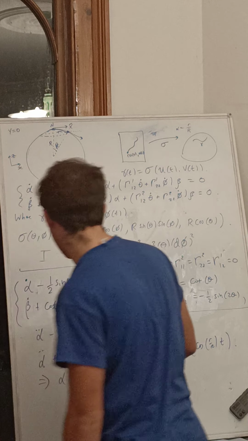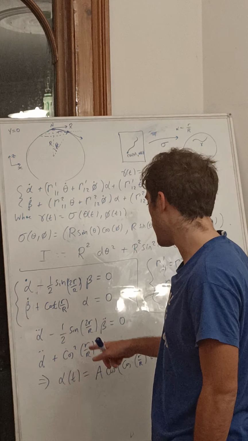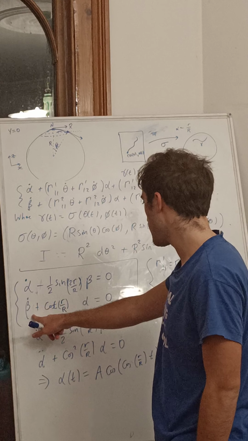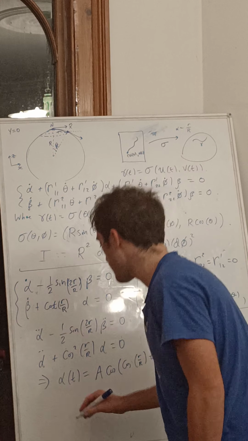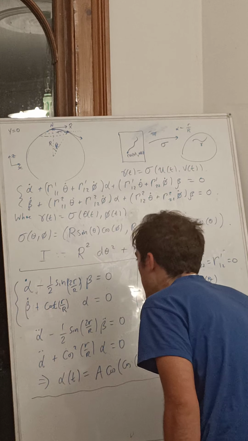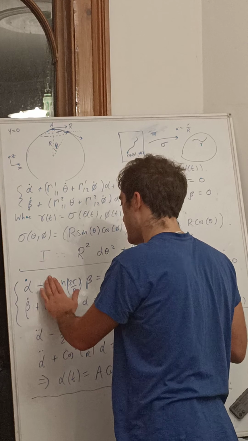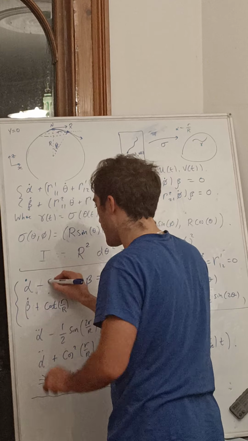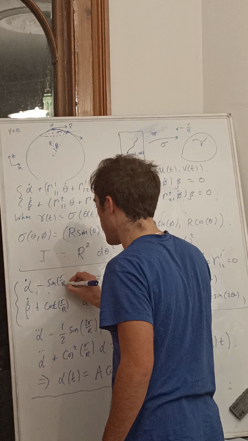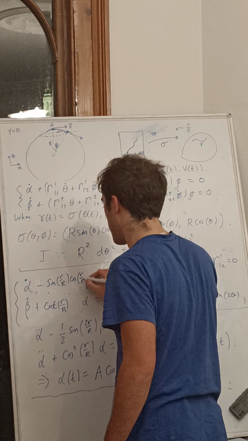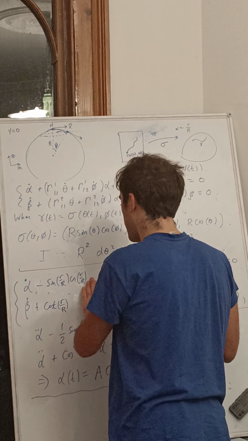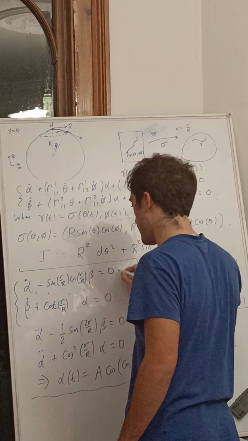No, I don't. I can just go back, I think. Yes, I can. So this is alpha. Now, in hindsight, it's better to write this as sine of r over big R, cos r over big R. Okay, beta equals 0.